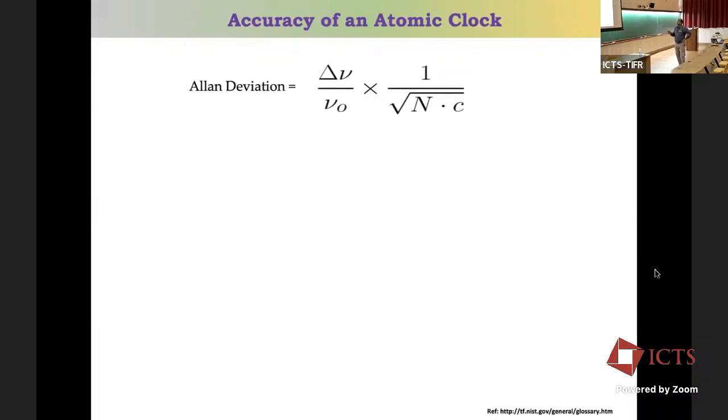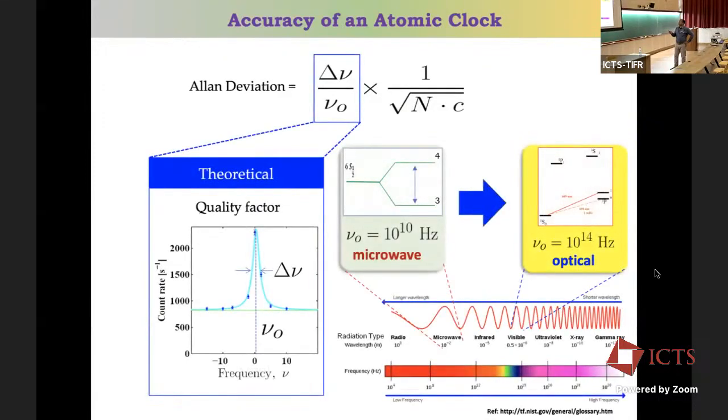If you go from microwave to optical clock, this nu zero is manifold larger. For a microwave clock, you have seen it is 9.2 gigahertz for cesium, and for rubidium it is 6.8 gigahertz. So roughly speaking, 10 to the power 10 hertz. But for an optical transition, this nu zero is 10 to the power 15 hertz. So 5 orders of magnitude straight away higher.